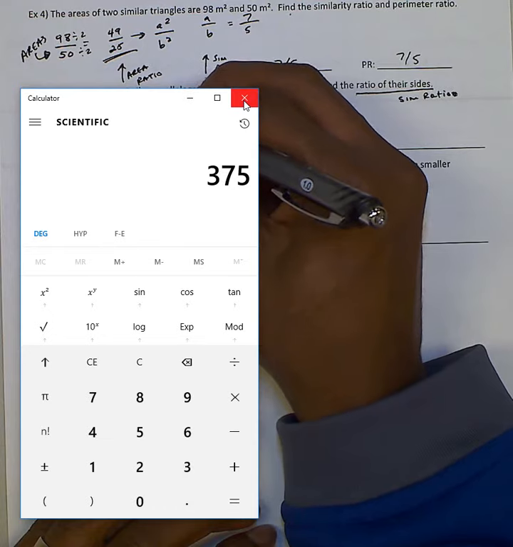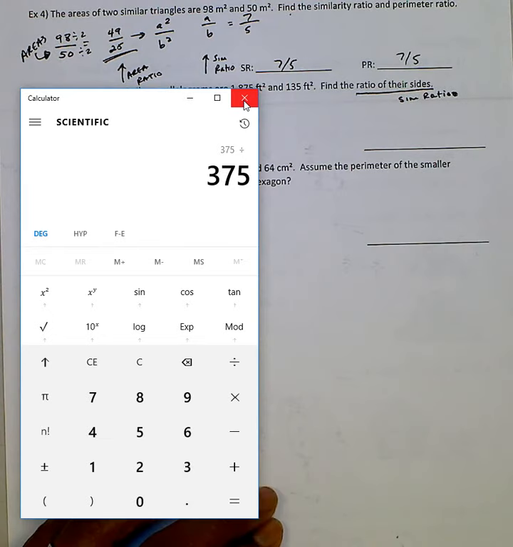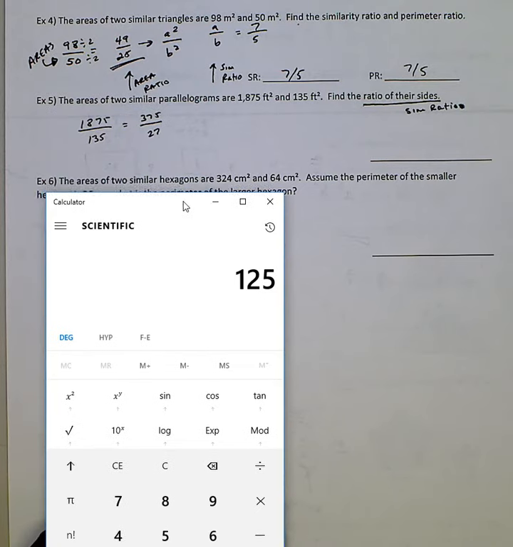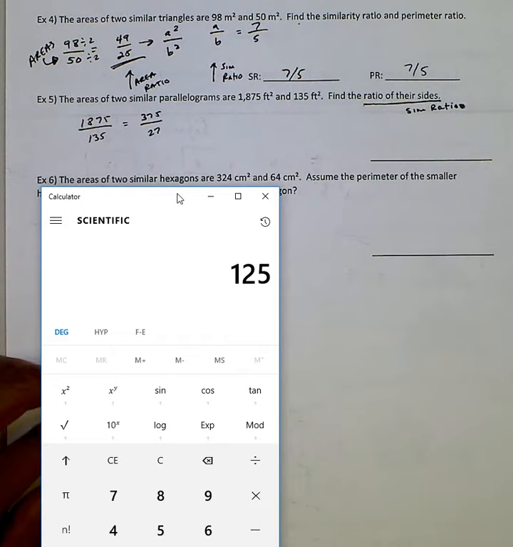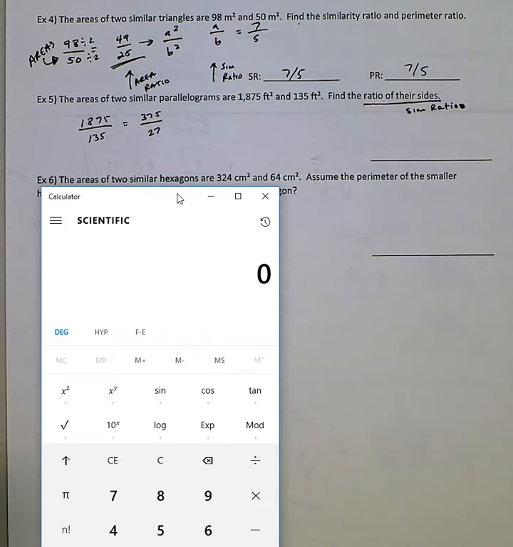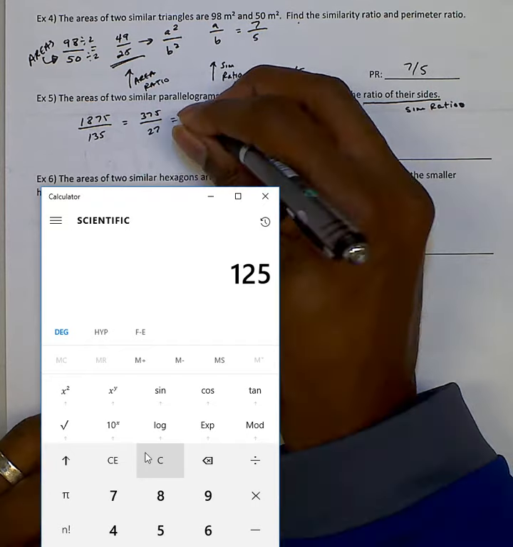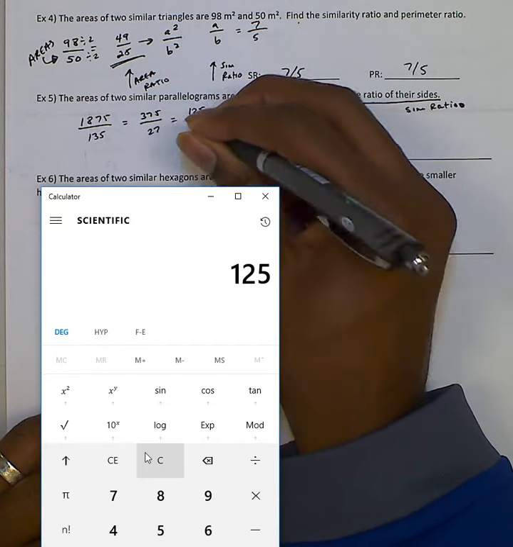Oops, let me move this out of the way so you can see my work as I do it. Okay, so I divided both of those by 5. Make sure I did that right. Okay, and now I'm going to divide those by 3 because I can see that 3 goes into both of those. 375 divided by 3 is 125 over 9. 27 divided by 3.